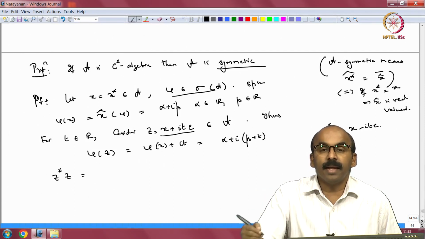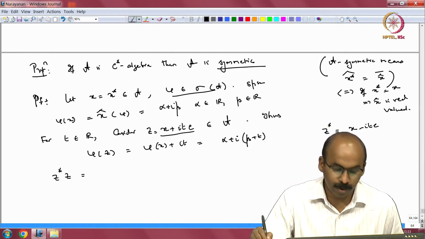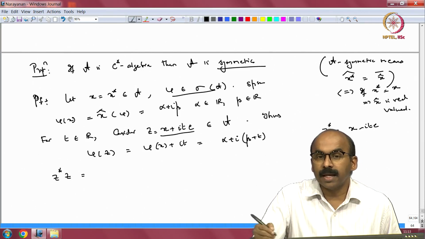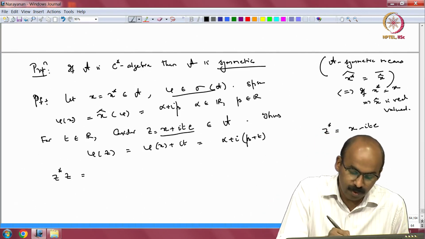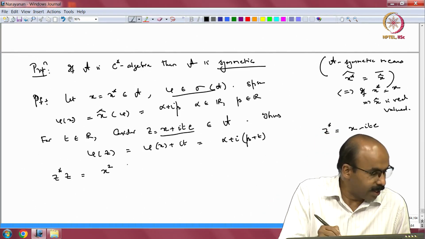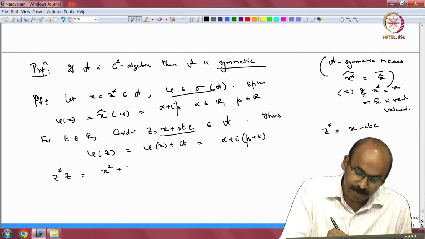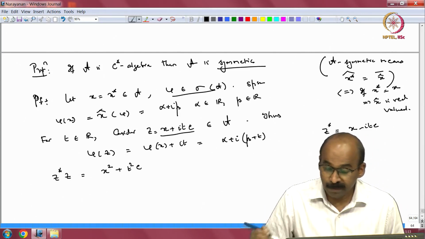So, this is like taking the complex conjugation, the star operation. So, if I multiply z star and z, I am multiplying x minus i t e and x plus i t e. If you do the multiplication, you will get x square plus t square e, right. Okay.